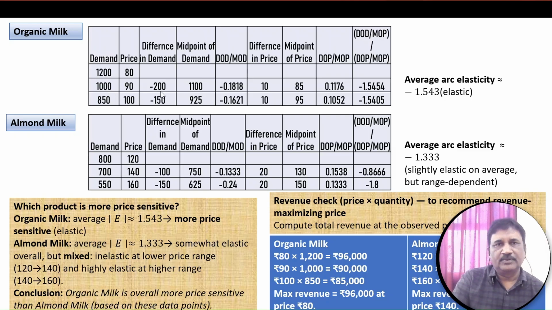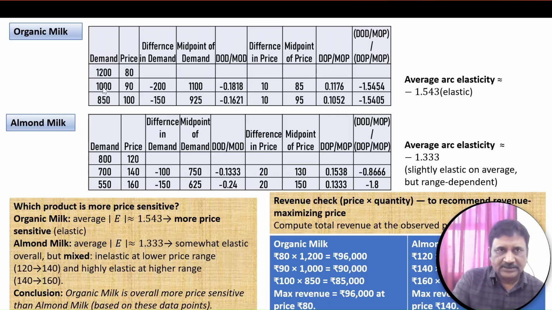The difference is therefore minus 200, right? The center point of the demand is found by taking the average of these two demands, that is 1200 plus 1000 divided by 2, which comes out to be 1100. Then we will be finding the ratio of these two, change in demand divided by center point or average of demand, minus 200 divided by 1100, which comes out to be minus 0.1818, right?